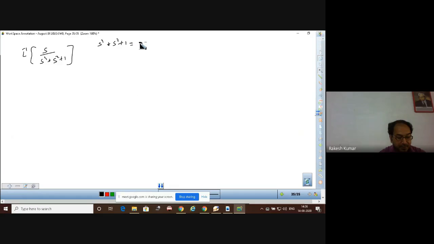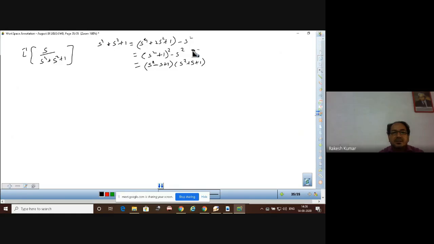This can be written as s to the fourth plus 2s square plus 1 minus s square. Ultimately, we want to make the formula (s square plus 1) whole square minus s square, so a square minus b square can be used. So it becomes (s square minus s plus 1) into (s square plus s plus 1).